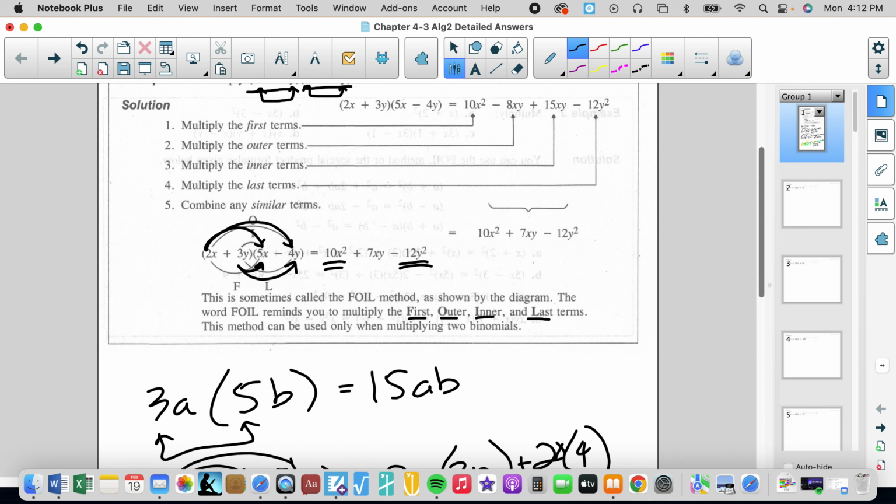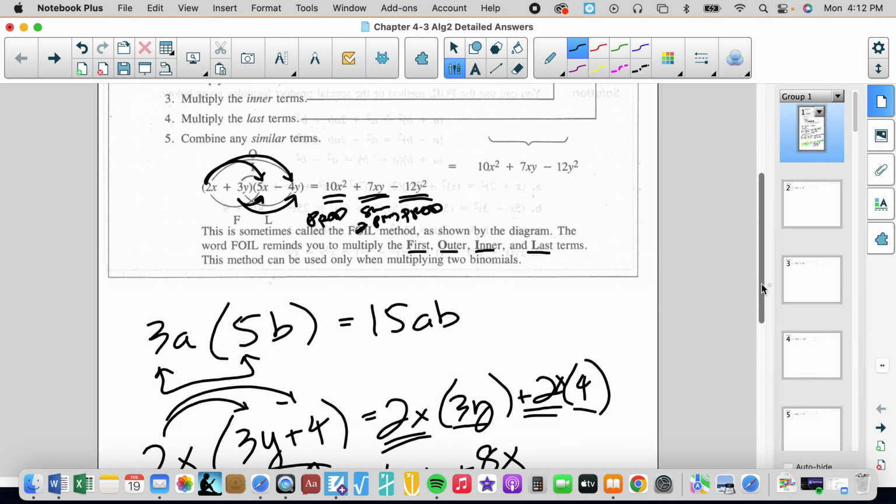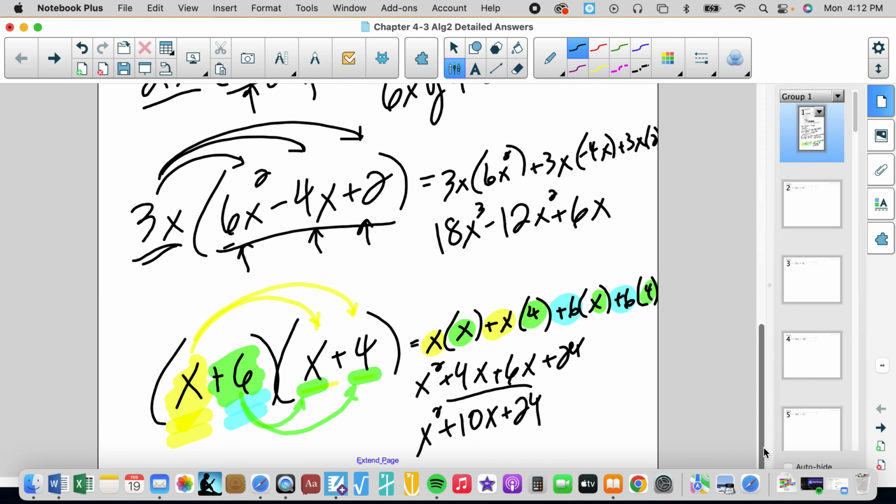Your last is always going to be a product. And then the middle tends to be the sum of two products. And we saw that here. This was a product, this was a product, and we were able to add those. So that was the sum of two products.